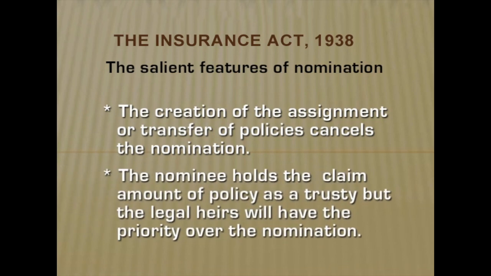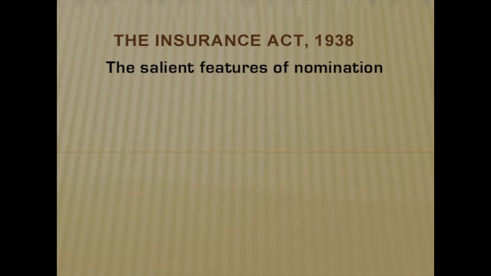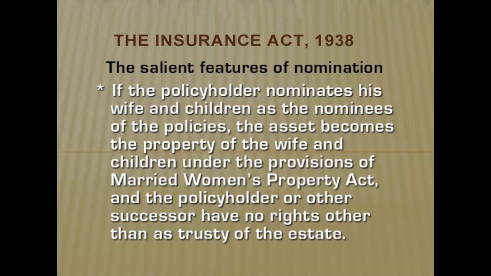The nominee holds the claim amount of the policy as a trustee, but legal heirs will have the priority over the nomination. If the policyholder nominates his wife and children as the nominees of the policies, the asset becomes the property of the wife and children under the provisions of the Married Women's Property Act, and the policyholder or other successor have no rights other than as a trustee of the estate.